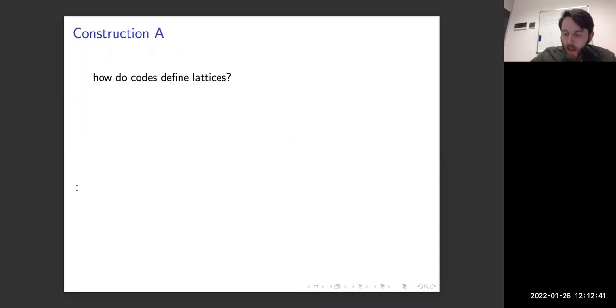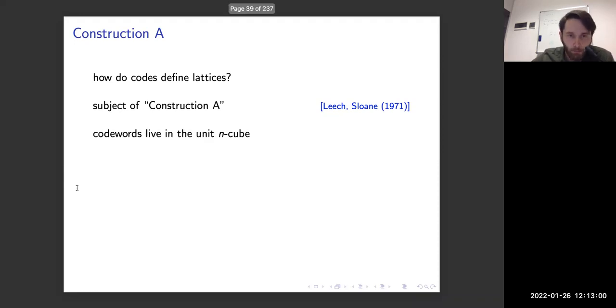So now we want to understand how codes define lattices. And then we'll see when we do this that this enumerator polynomial shows up first as the lattice theta function, and then from that as being related to a CFT partition function. This is the subject of Construction A of Leech and Sloane from their famous paper, Sphere Packing and Error Correcting Codes.